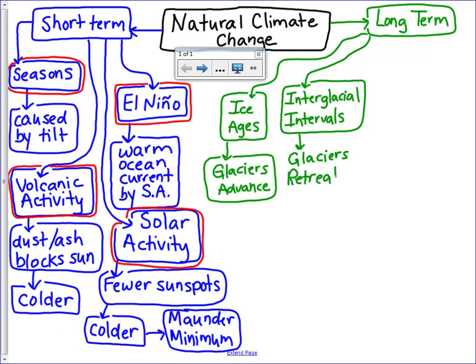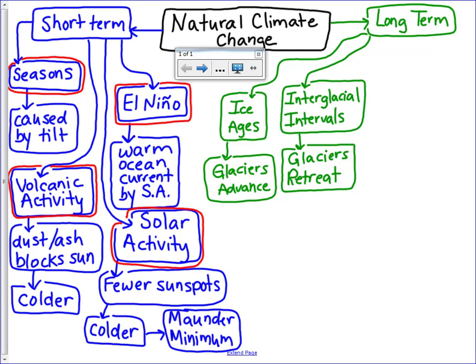In other words, they are getting smaller, they are shrinking, and only the most northern points or southern points on our planet still have those glaciers remaining. These are probably the shortest of the things on this list, tens of thousands of years. The other things on this list take much, much longer to cycle through, from 40,000 years up to 100,000 years.